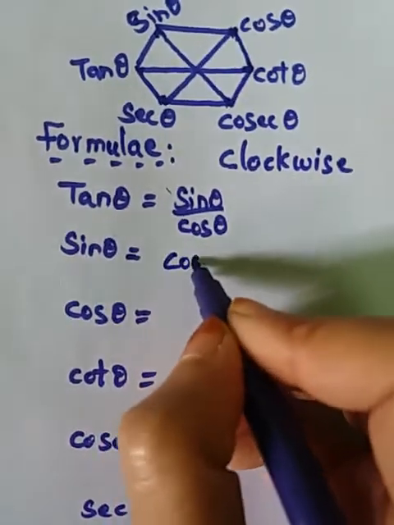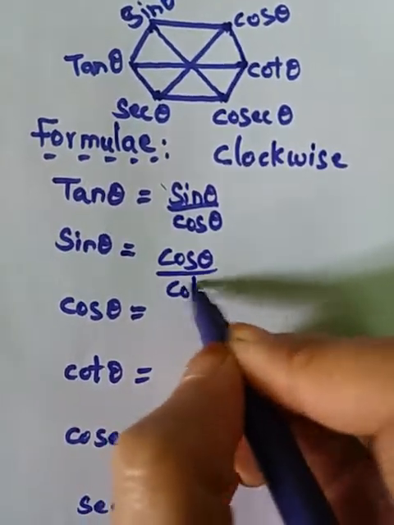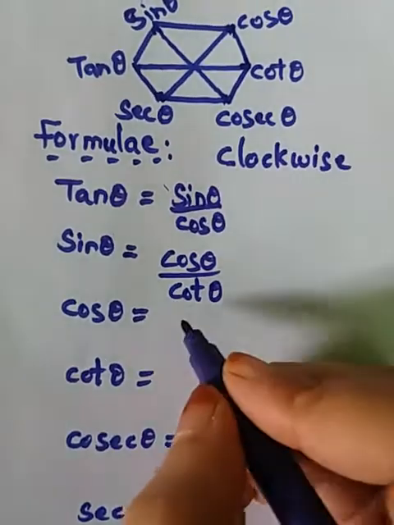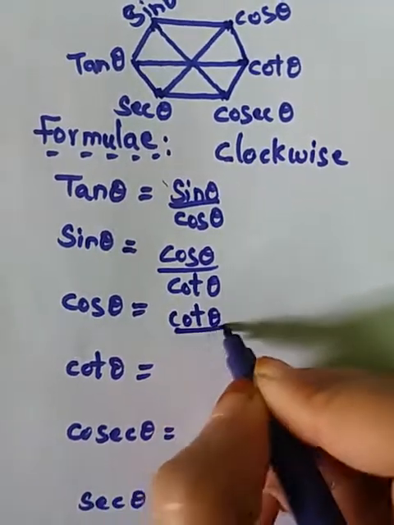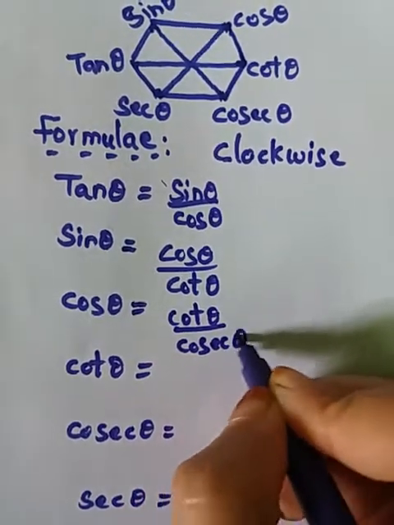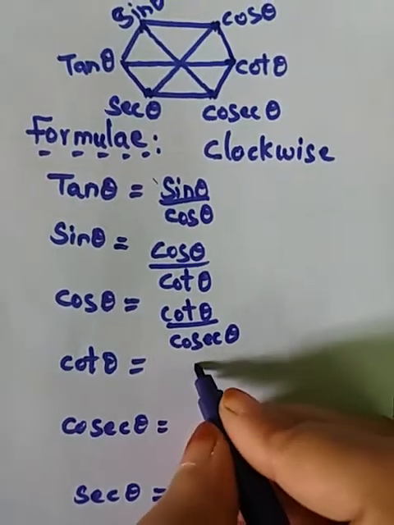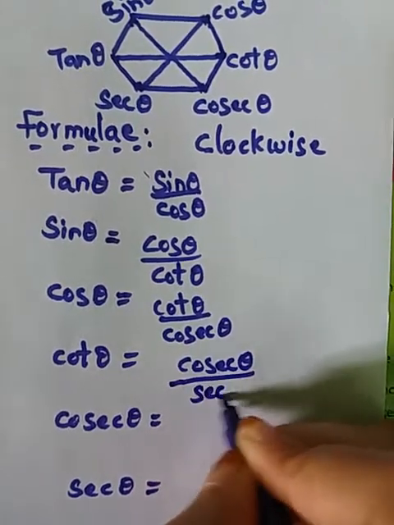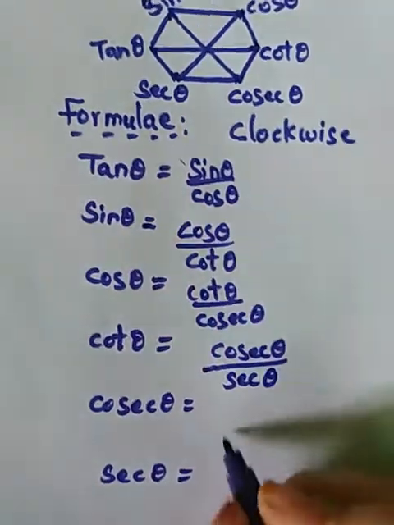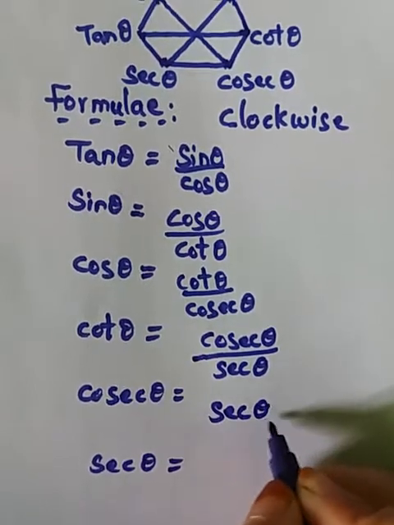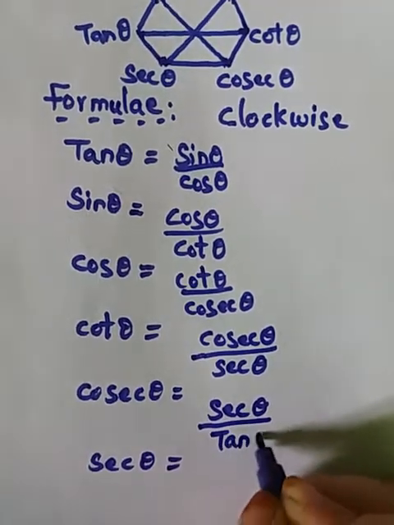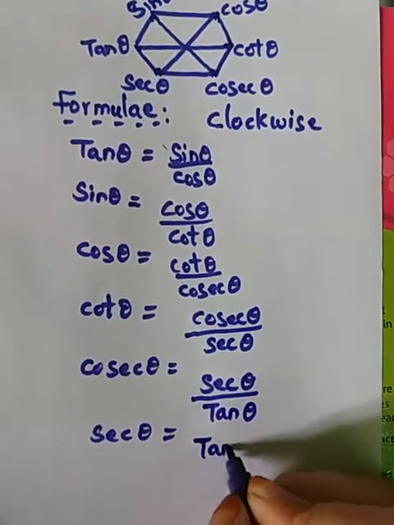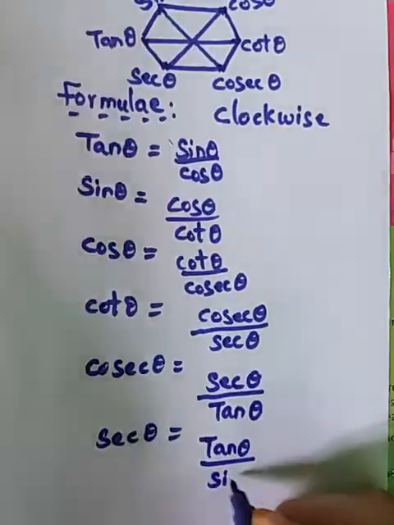Cos by cot theta. Very good. Now after cos, here is cot theta by cosec theta. After cot theta, you can write cosec theta upon sec theta. Next, after cosec theta, you have to write sec theta by tan theta. Then after sec theta, you can write tan theta upon sin theta.